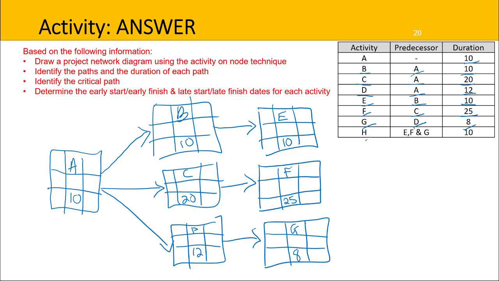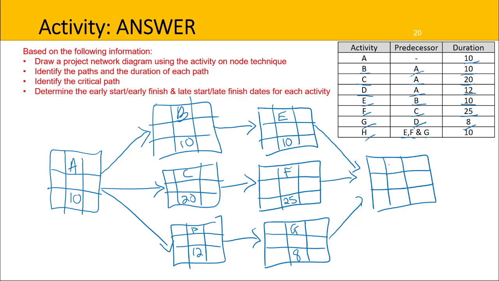We then have H, which has predecessors of E, F, and G. So we actually call this a merge. All of these activities are merging into H, and it has a duration of 10.